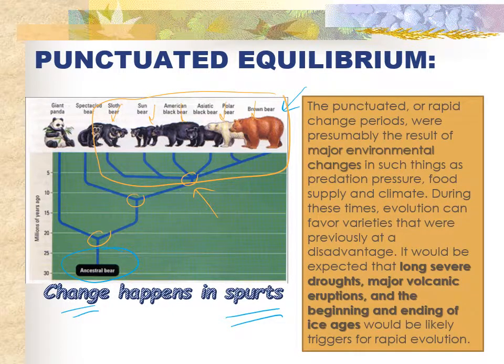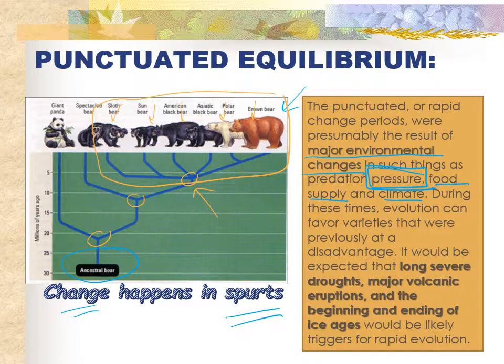Another factor that we think plays a role in punctuated equilibrium is this: major environmental changes in a relatively short period of time. So remember when BrainPop was talking about environmental pressures, right? Things like food supply and climate. So that stuff can change really rapidly, and mutations don't always happen that quickly or randomly.